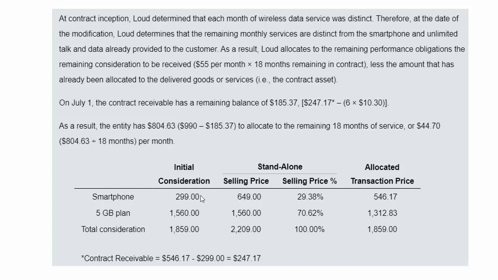But what we have to do first is compute this allocated transaction price. So we put down the initial consideration of the phone, the 5G plan, the total consideration, the standalone selling price, and then we can compute the selling price percentage, right? We've got to break that into the pieces. Once we do that, we can then come up with the allocated transaction price.